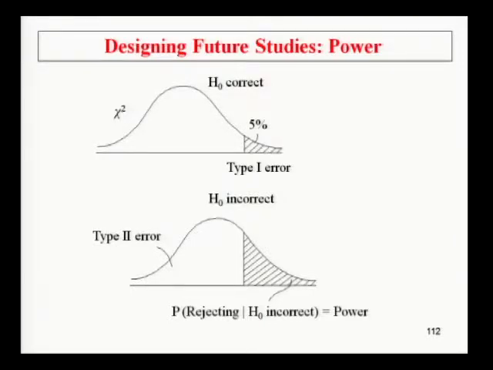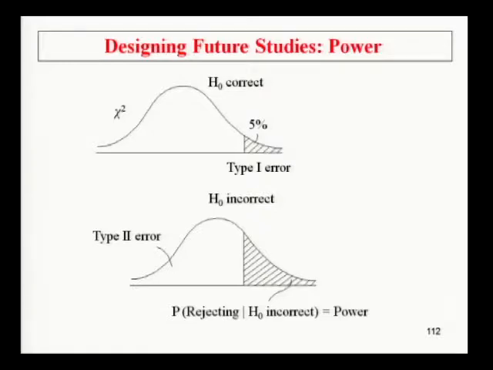But if the model is incorrect, as the bottom picture shows, then the probability is much higher, hopefully, to reject the model. This is the rejection. The shaded area is the rejection of the model. Probability of rejecting the model when it's incorrect is the power. So you want this part to be big.